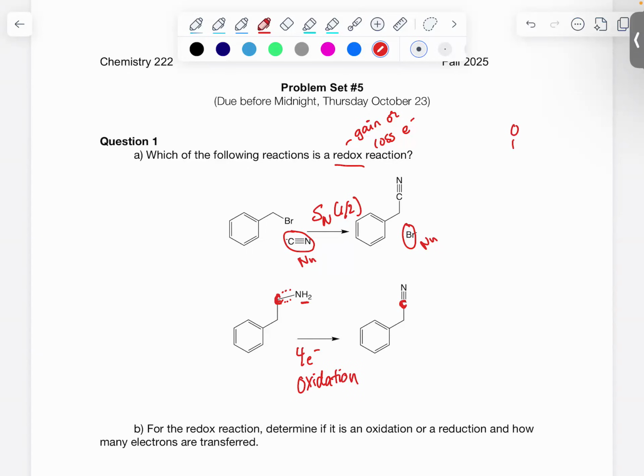So the mnemonic device for this is OIL RIG. Oxidation is losing electrons, and reduction is gaining. And so we had to lose these protons, but also had to lose electrons in that as well.